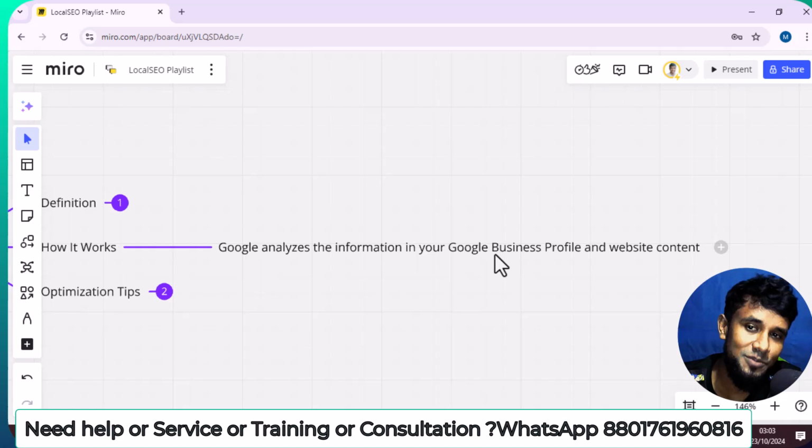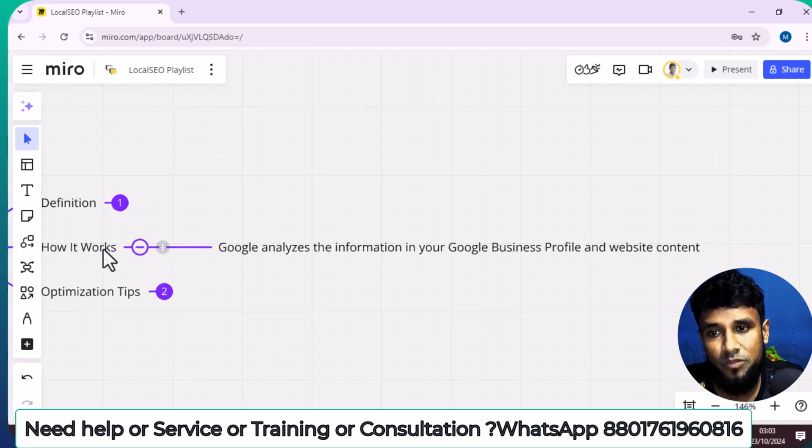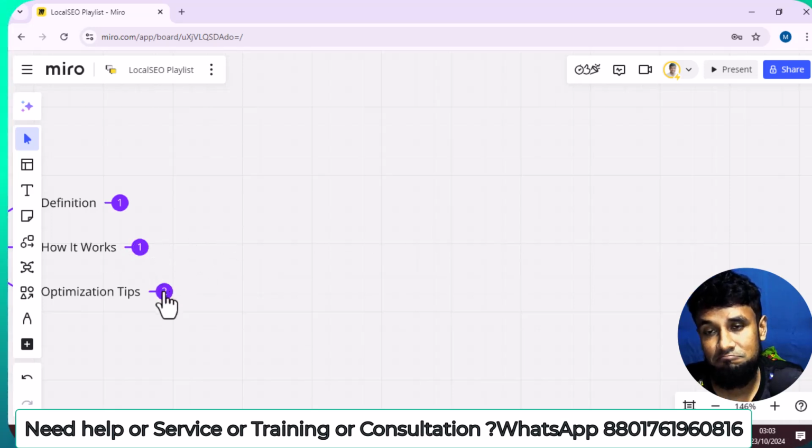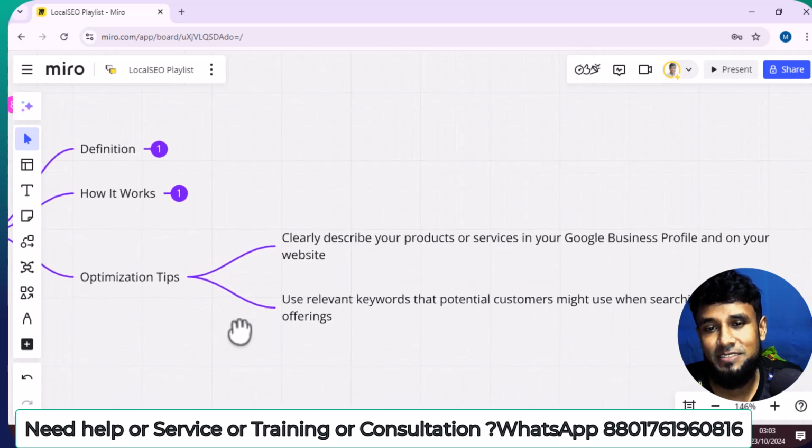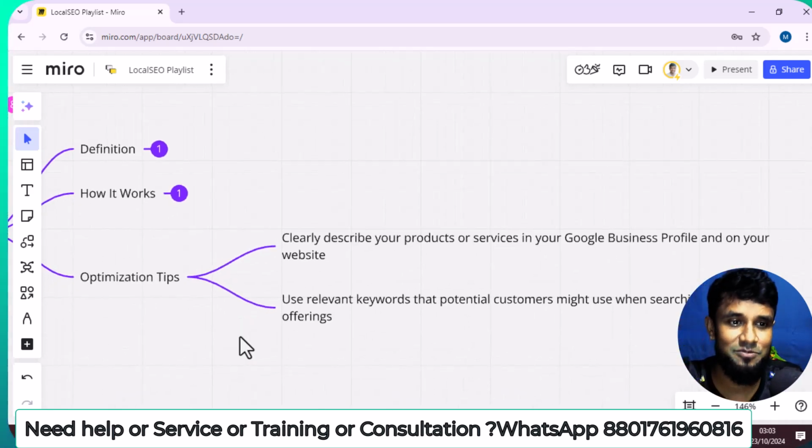So you need to optimize your Google My Business profile and also your website content. Two optimization tips: clearly describe your products and services on your business profile and on your website, and use relevant keywords that potential customers might use when searching for your offering.